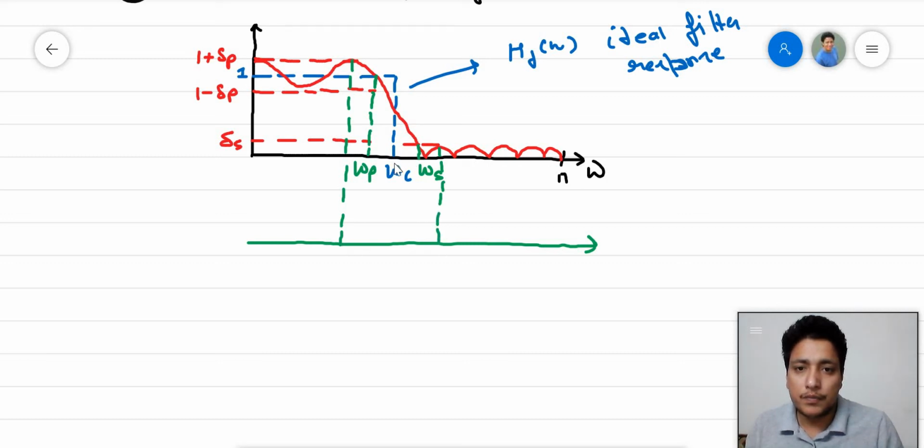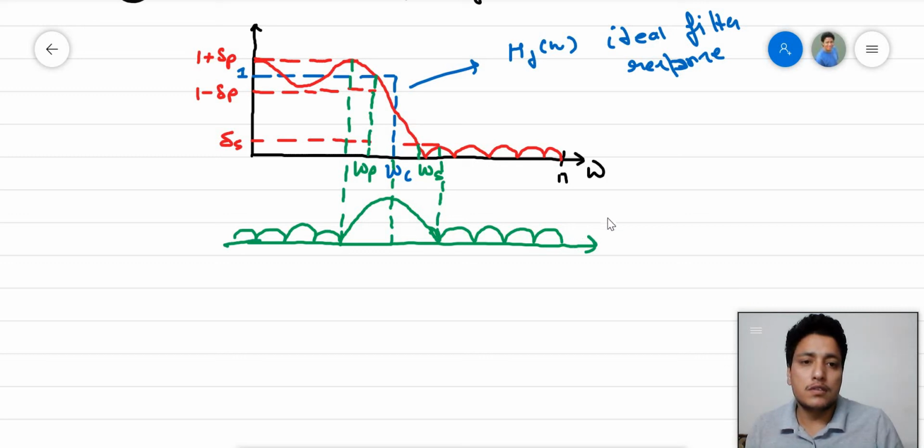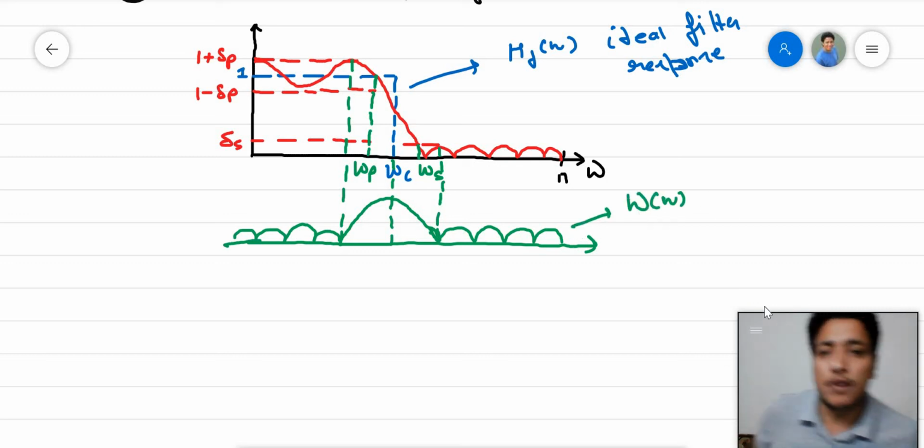Its center will be at omega c, obviously, as we have already discussed. So it will have a response like this. If it is only a magnitude response, then it will go like this, and so on. Similarly, like this. So this is the shifted version of W omega.